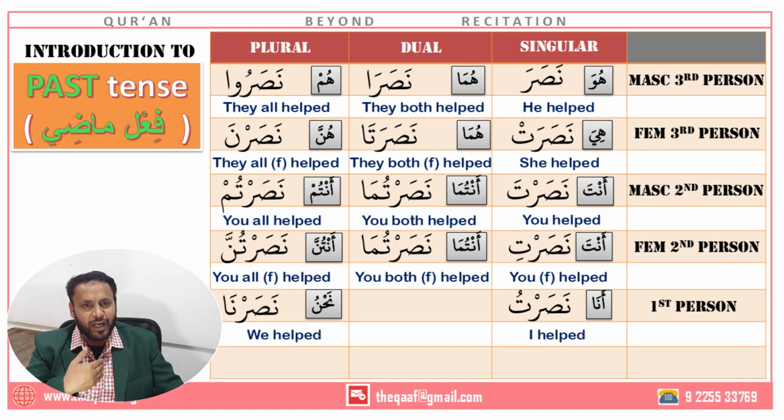Okay. Then ana. That is tu. Istaghfartu. Then nahnu. Take the female plural word, add an alif: istaghfarna. That's it. Even though it's a long word, unknown, not the exact format as nasara, we are able to make it. Why? Because we know the nasara table.